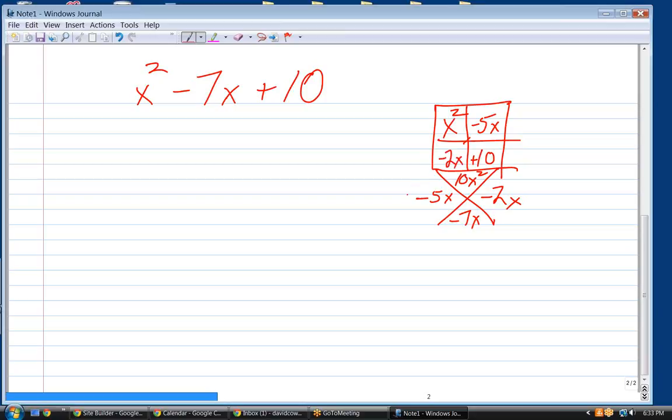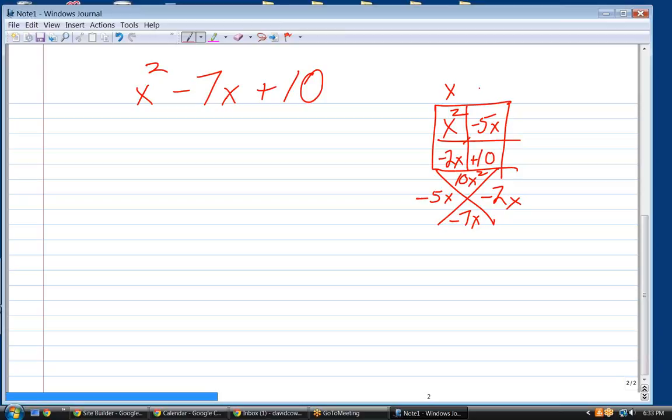And then you see what they have in common. The x squared and the negative 2x, they both have in common an x. So you put that above the box on the left-hand side. And then the 10 and the negative 5x, they both have a factor of 5 in common.